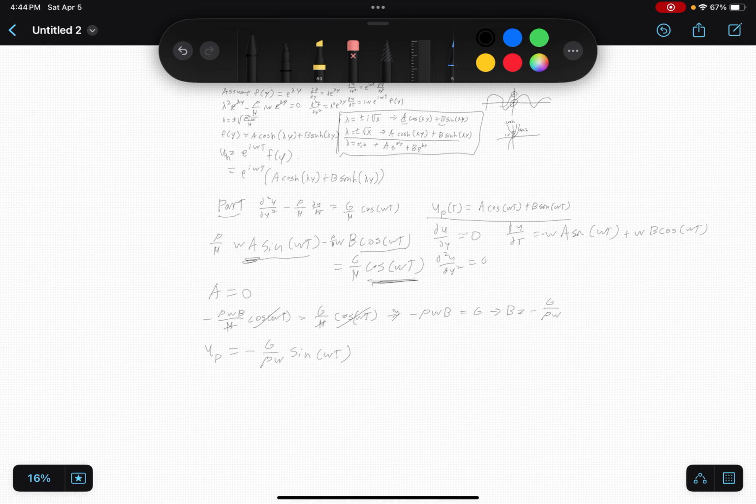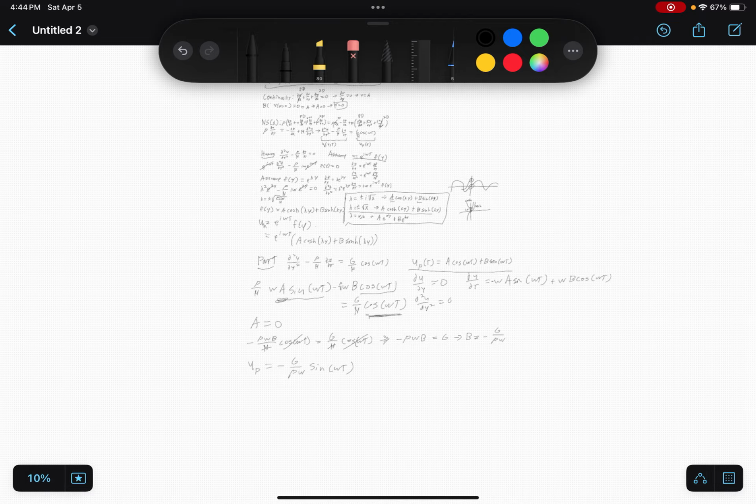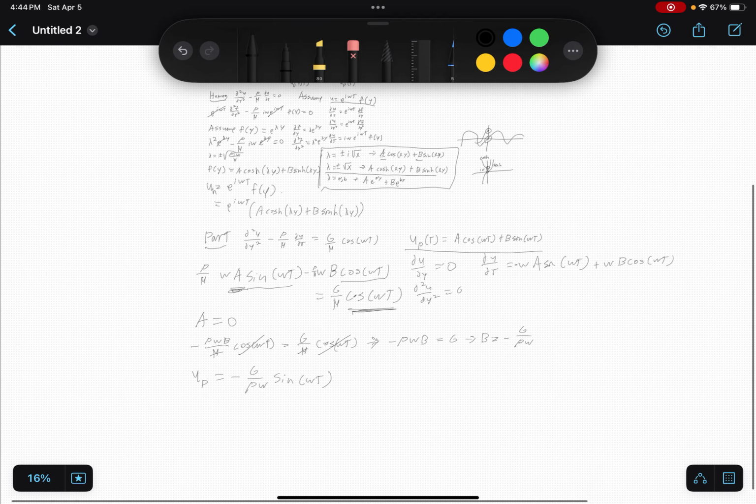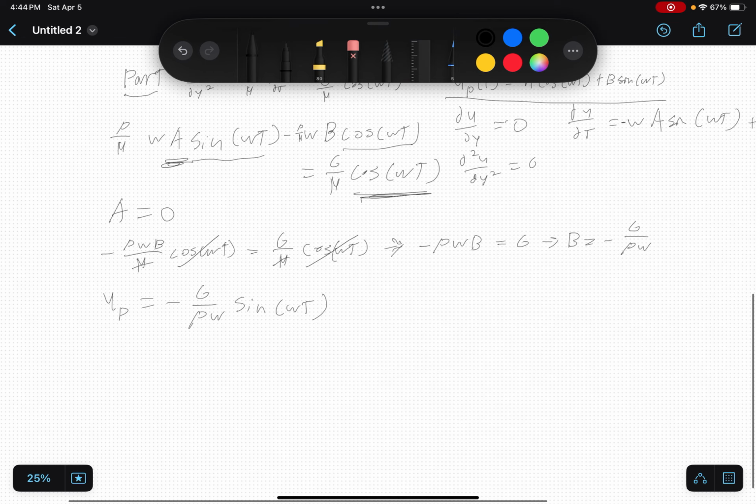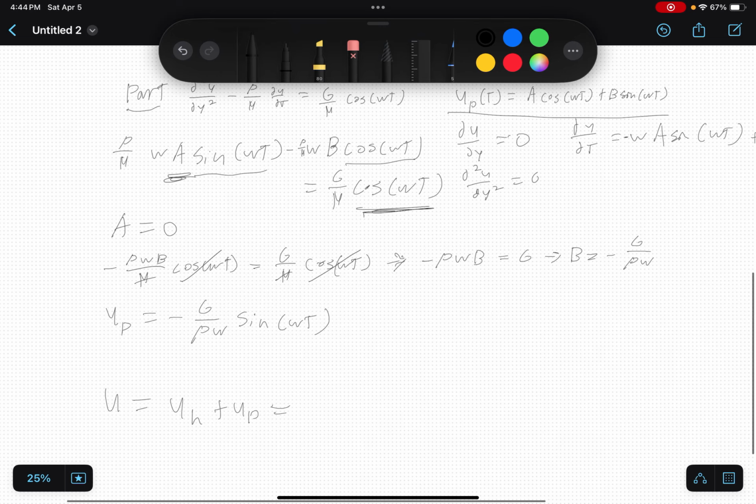Cool. So the way homogeneous and particular stuff works is now you literally just add them to get the final solution. So U equals U_h plus U_p. Doesn't matter what order you write it, but I want to do it this way.